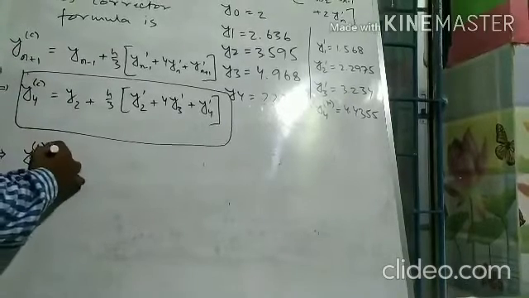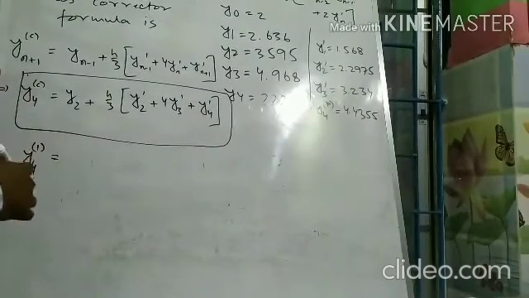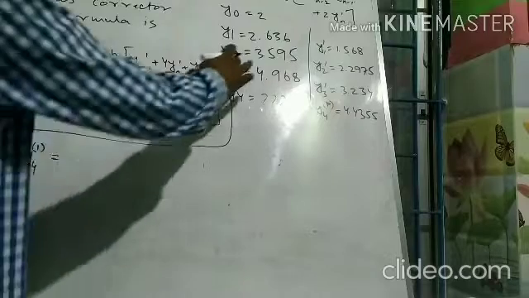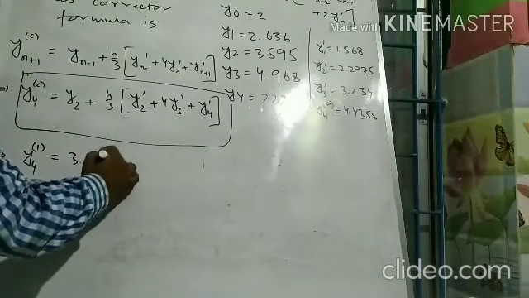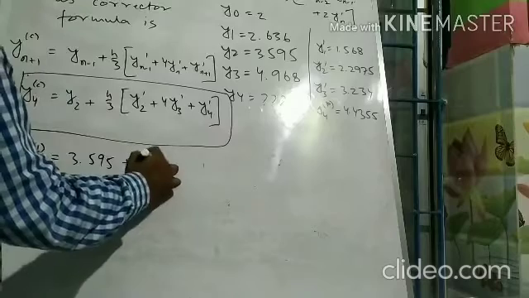This equals y2, which is 3.595, plus 0.5 by 3.